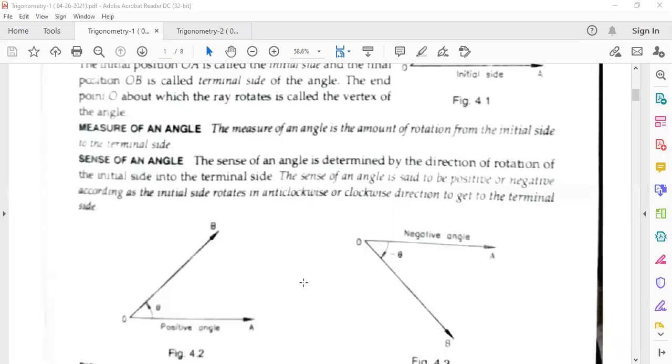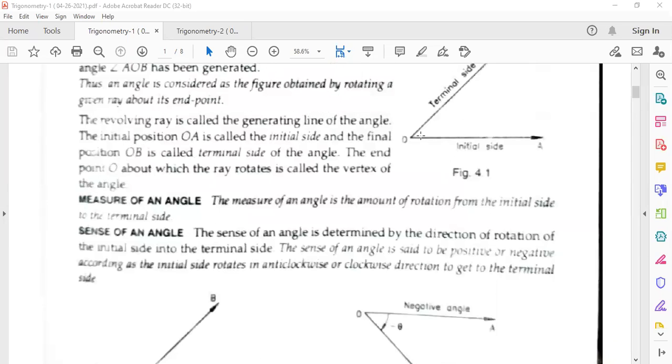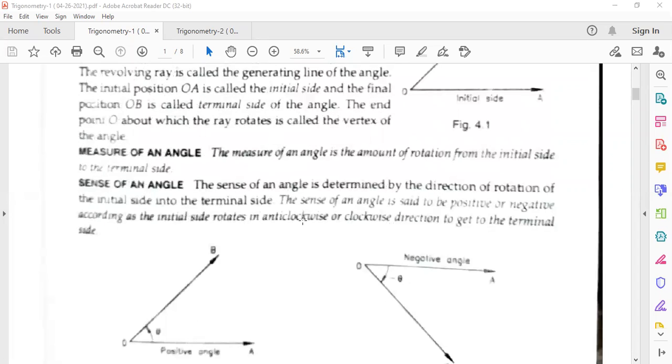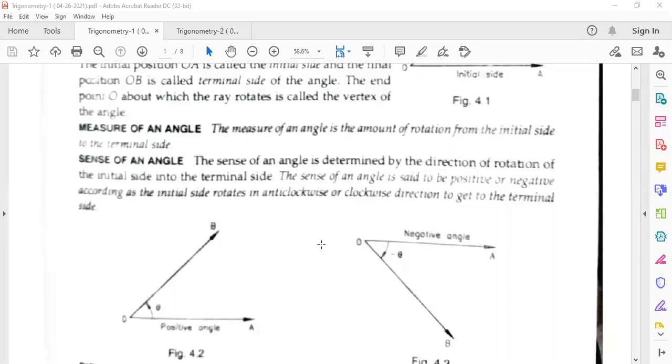It is given here. The measurement of an angle is a rotation from the initial side to the terminal side. The first part is called the initial line, and this is the terminal side. Between these two, the angle is formed. Now, sense of angle. Sense means whether it is positive or negative.